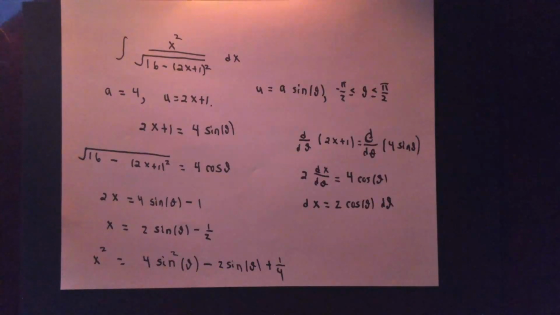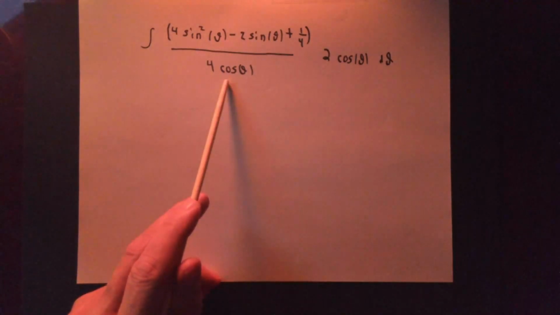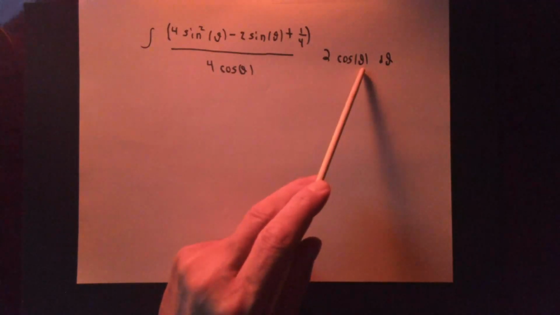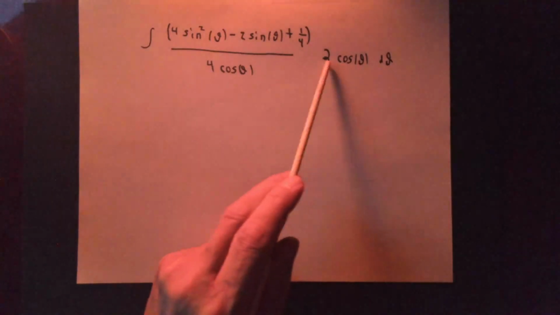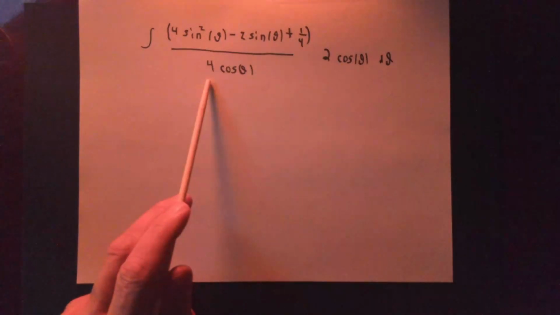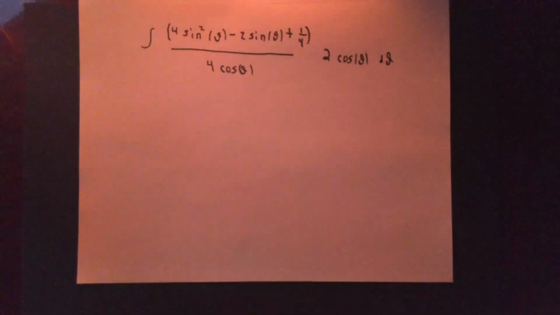We now have all of the little bits and pieces involved in the integral expressed in terms of theta values. The cosine of theta in the denominator cancels with the cosine of theta beside the d theta. I'll have a factor of 2 above and a factor of 4 below. Altogether, that amounts to a factor of 1/2.